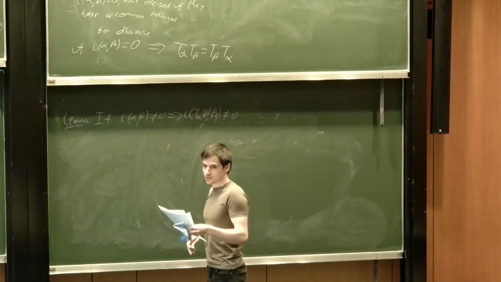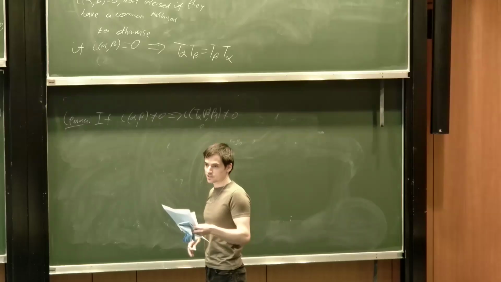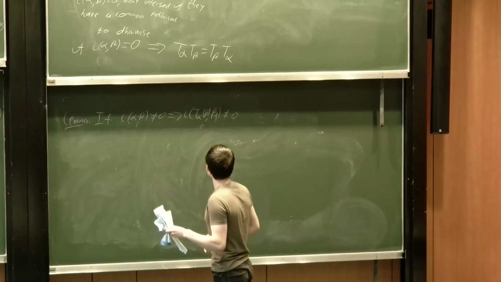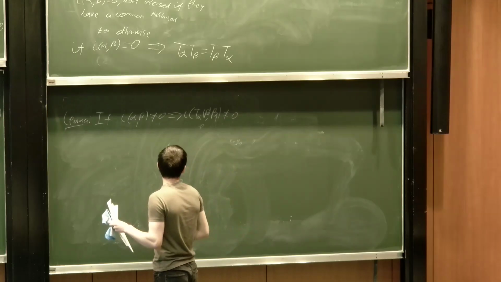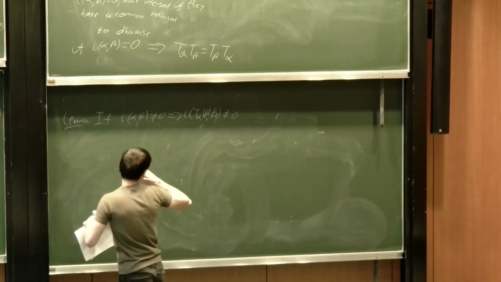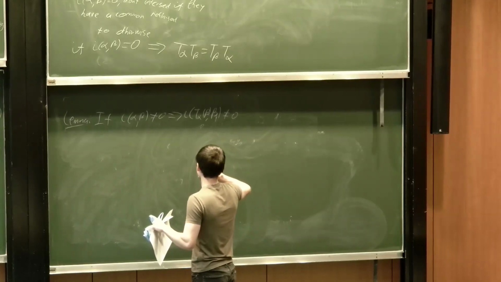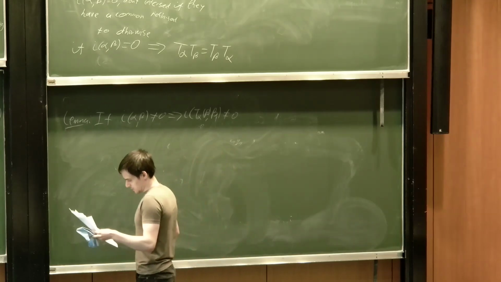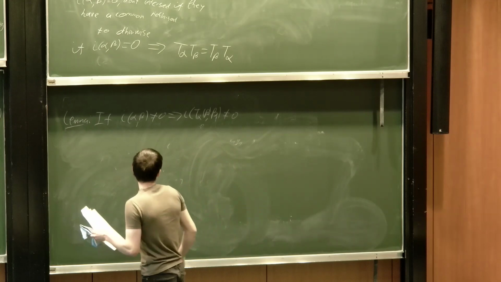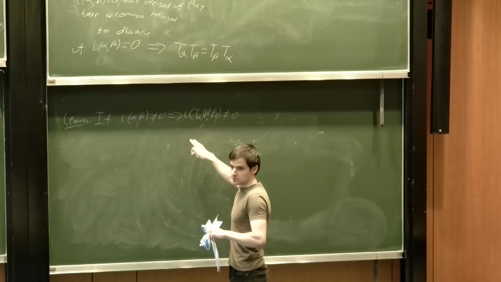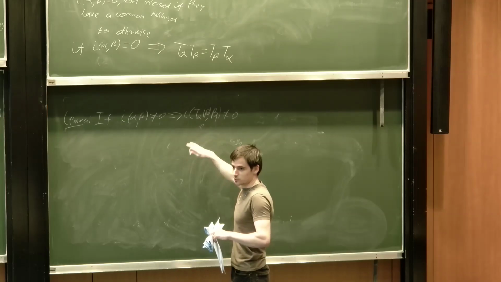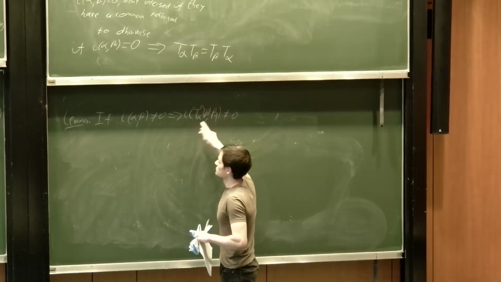And one more thing is that this intersection number has some properties of being invariant under conjugating any of the factors, and because each splitting does not intersect itself, then we would get that actually this is also true.